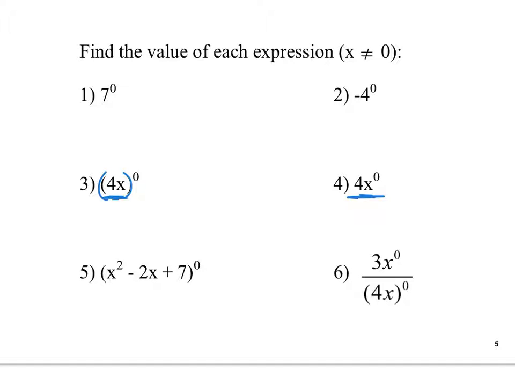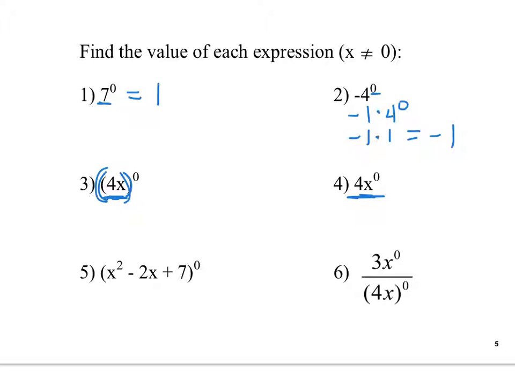So here we go. 7 to the 0 power, well, there's only 7 there, so that's 1. This is negative 4 to the 0 power. It's basically saying negative 1 times 4 to the 0 power. So it's negative 1 times 1. It's negative 1. So that 0 is not raising that negative. That's the weirdest one to see, but you have to just remember that.